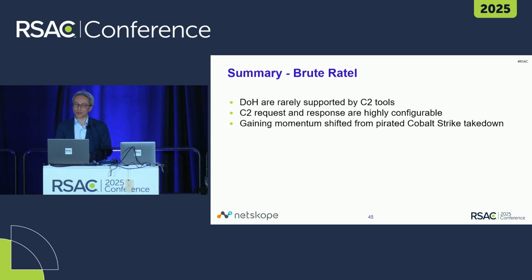We'll talk about the malleable C2 later in different tools. And since Cobalt Strike's been heavily pirated by threat actors, recently there's been some takedown of the Cobalt Strike infrastructure, which might make Brute Ratel gain more momentum among threat actors as an alternative to Cobalt Strike.